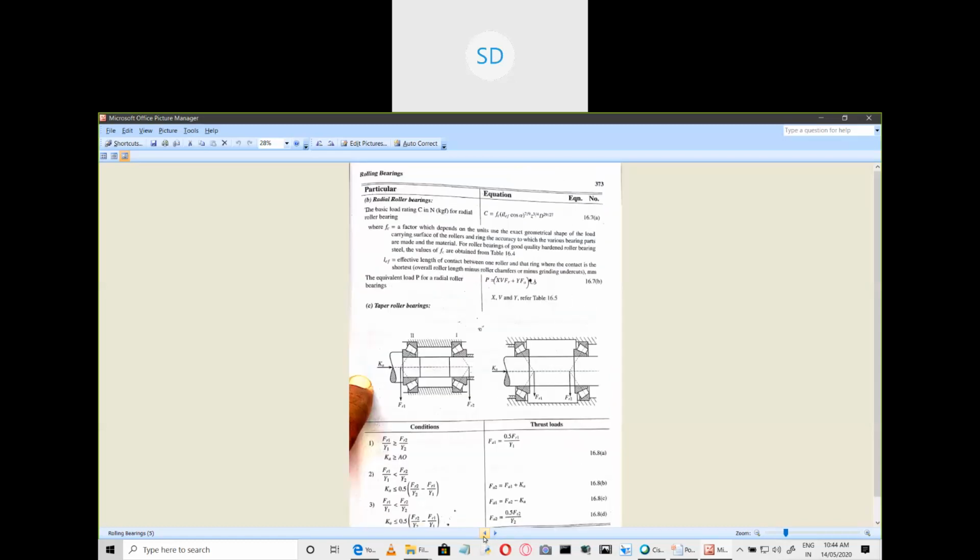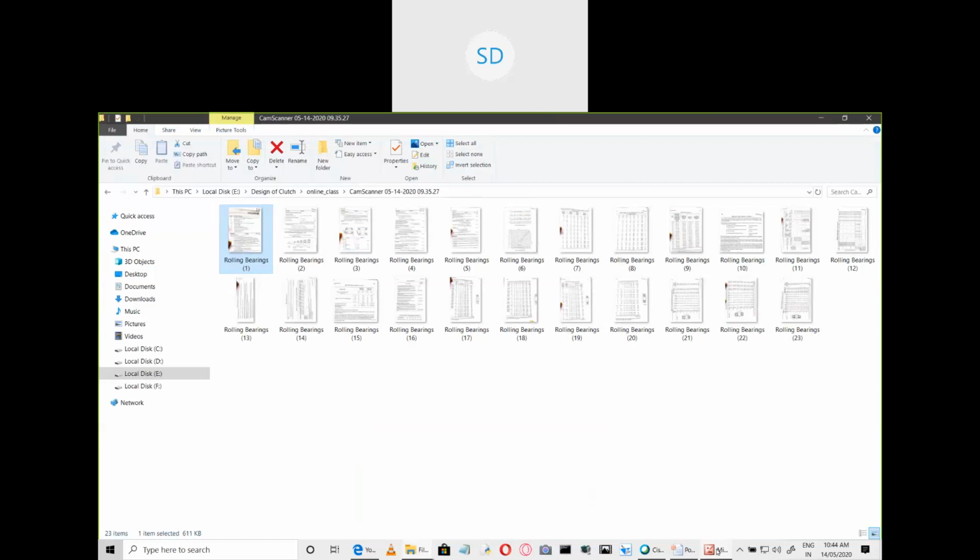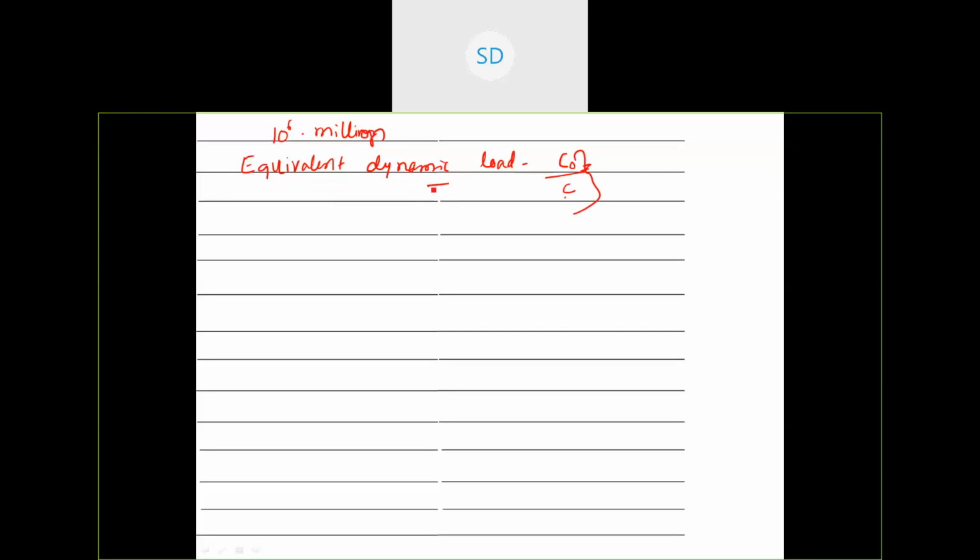Now the equivalent load is XVFA plus YFR. This is the equivalent load, so C naught is the equivalent dynamic load.